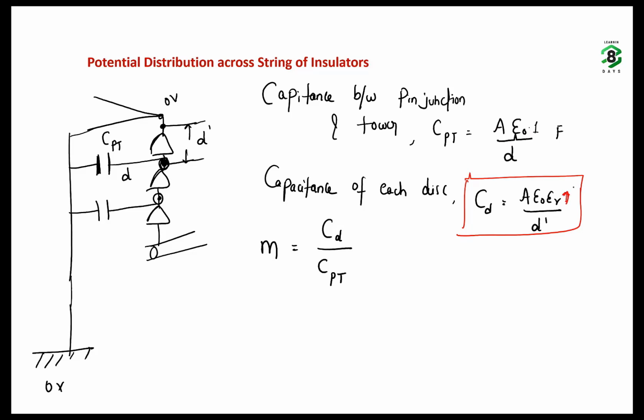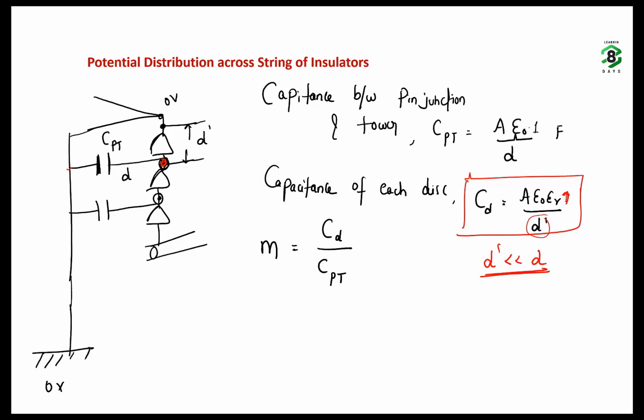It is a higher value. And when you compare these two distances, the D dash value, that is the distance between the two metallic pin junctions, is very small when compared to the distance between the metallic pin junction and the tower. So here the denominator value is very small and the numerator value is very strong.